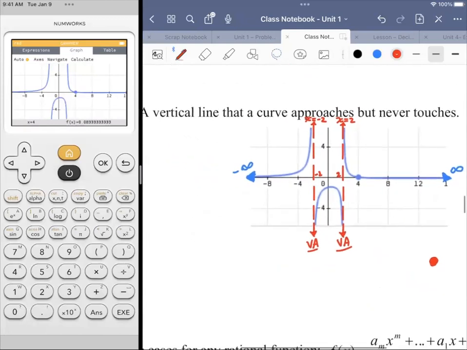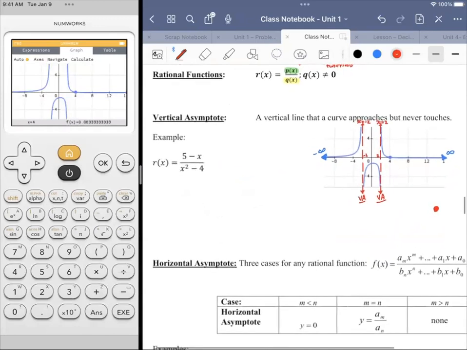So the way we handle it algebraically is by looking for any instance in which the function would be undefined, right? So we ask ourselves, where is R of X undefined? Because those would be the points where the graph doesn't exist.